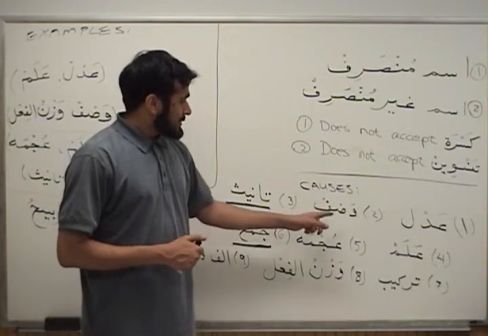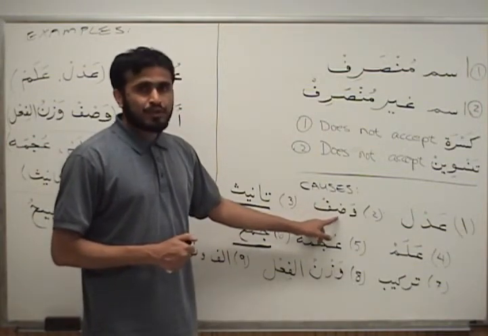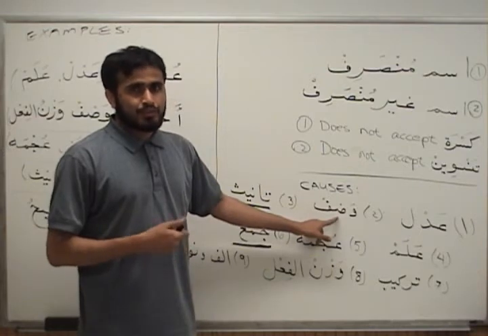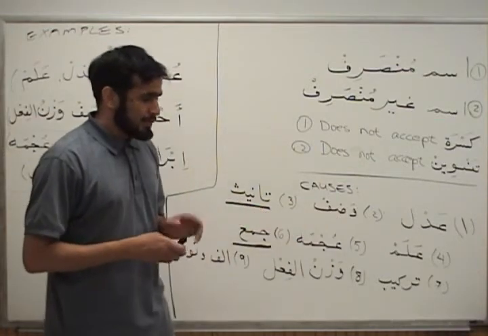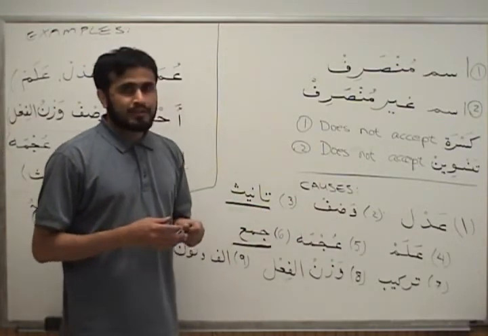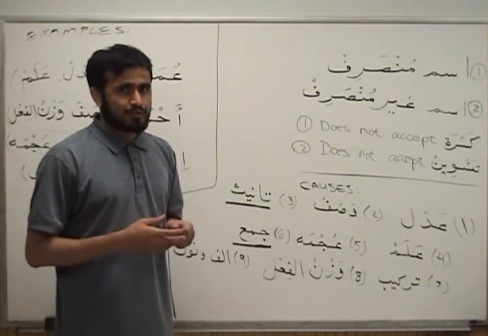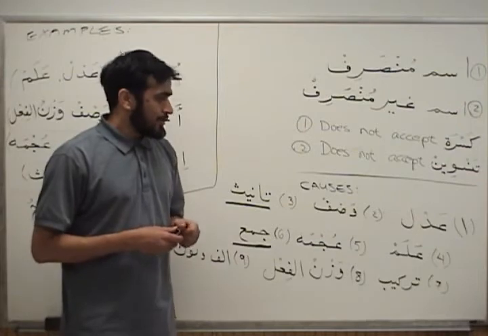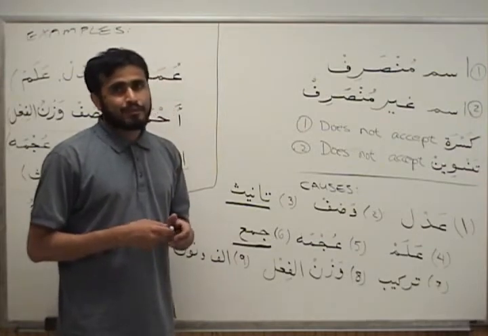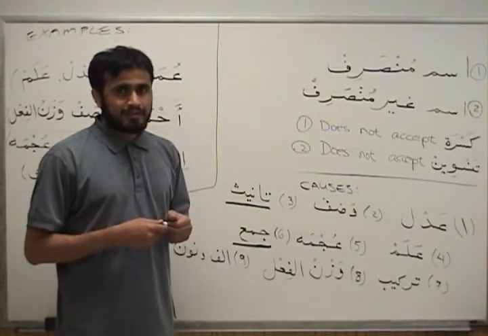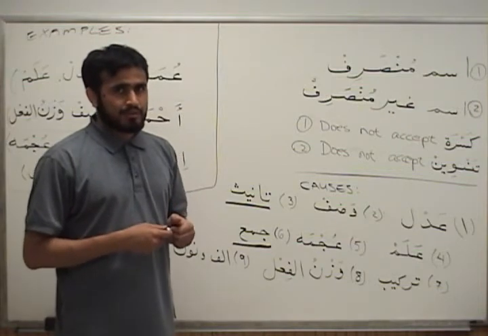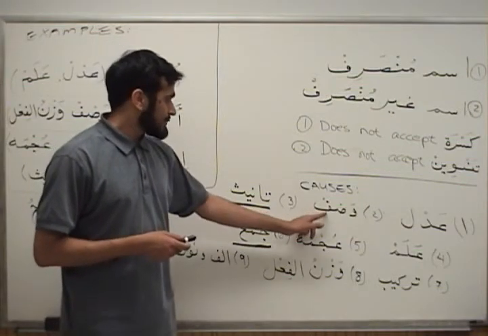The other cause, number 2, is wasf. Wasf is an attribute where an ism has a quality. It has an attribute of some object or something. For example, to say something is red, ahmar, is an attribute. So that's called wasf in Arabic.